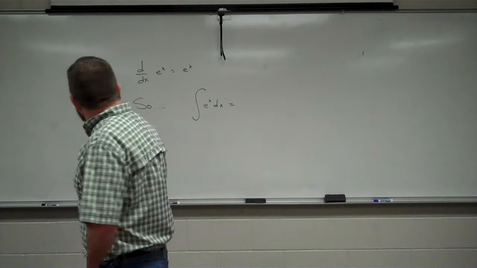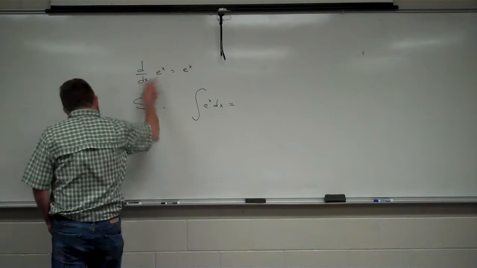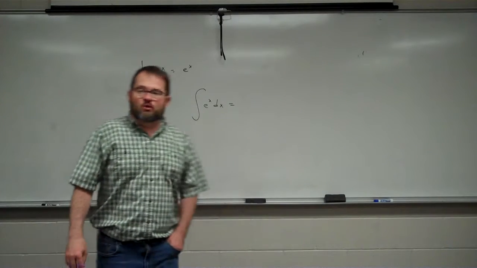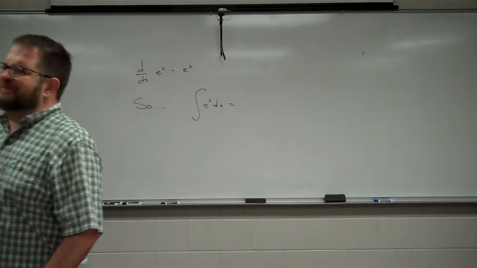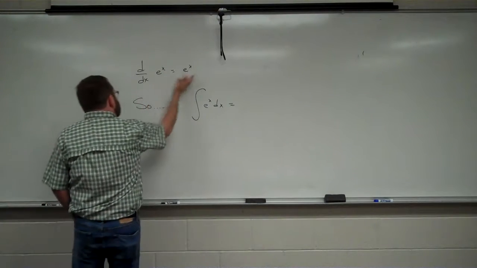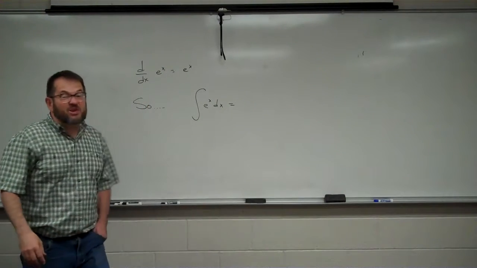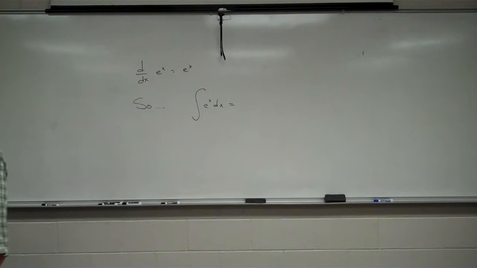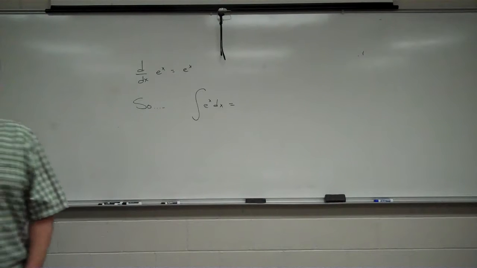If you think about it, the exponential function, e to the x, was in many ways the easiest one when we did derivatives a chapter or two ago. Remember, the derivative of e to the x is e to the x. In fact, that is one of the ways you can define the exponential function.